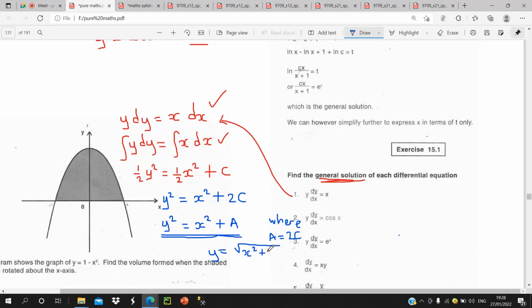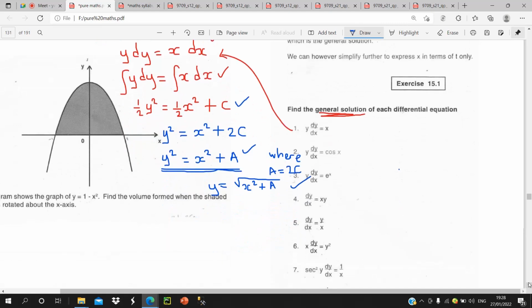So you must know how to simplify the solution. One can leave it like this. It depends with the question on how they want the expression to be expressed. So are we together?